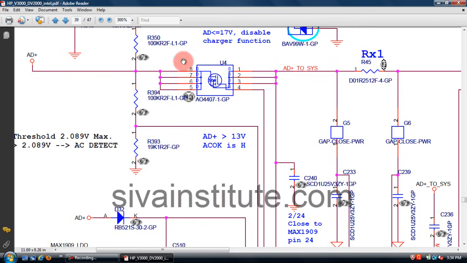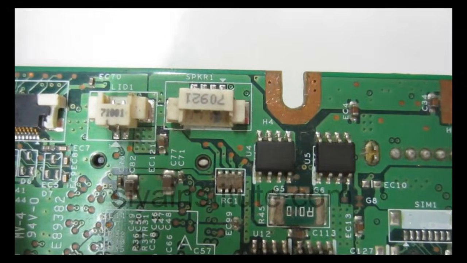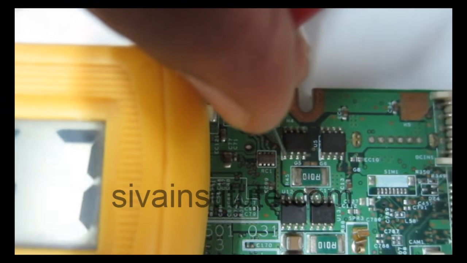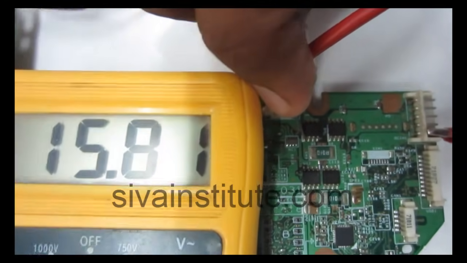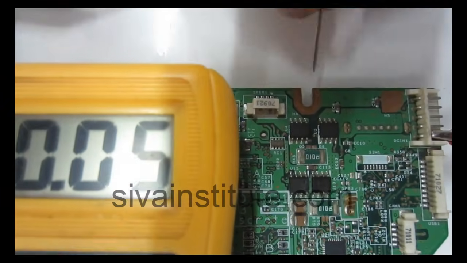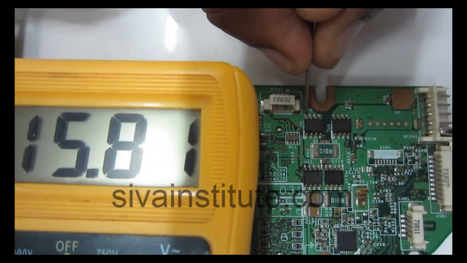Next, if there is no output at this point, you should check pin number 4. This is U4. We will see the U4 voltages. Pin number 1 in running condition is 15 volts. Pin number 8 is 15.8.